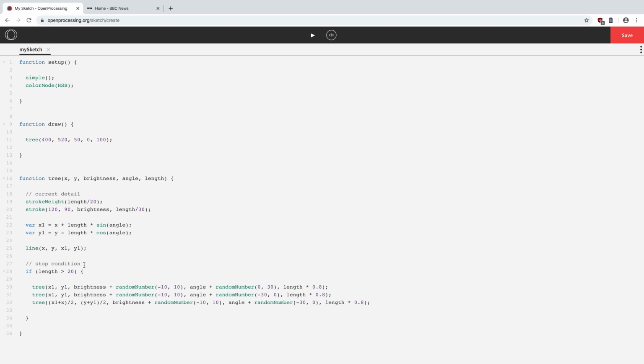It's the same code, and the bit we were working on was the average position along the line, so it's halfway up the line, and I think I set this quite low, which meant that the recursion was getting really deep, and at each point there were 3 trees coming off, so there's kind of an explosive combination going on there. So that's a good lesson to learn, and it's important.